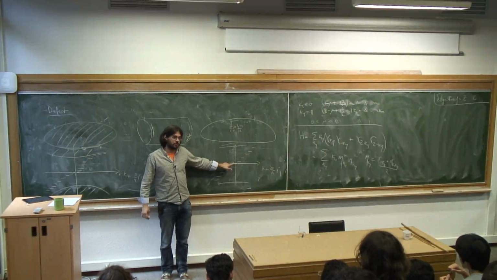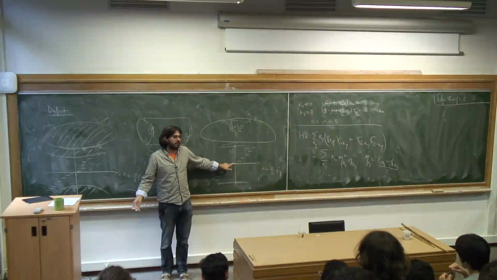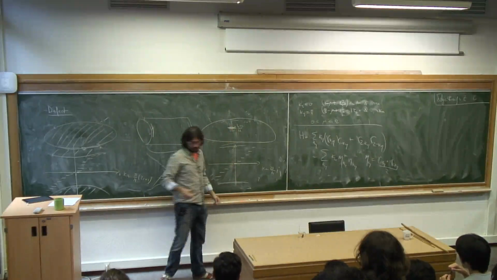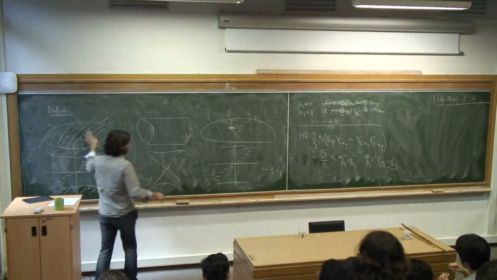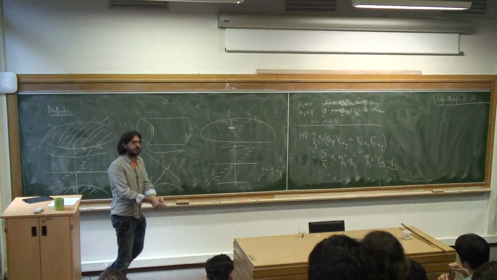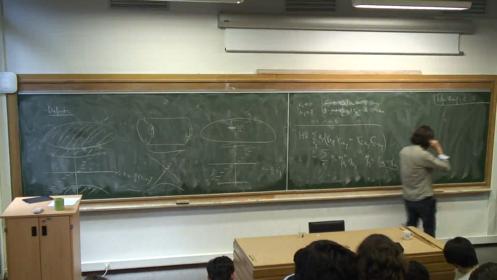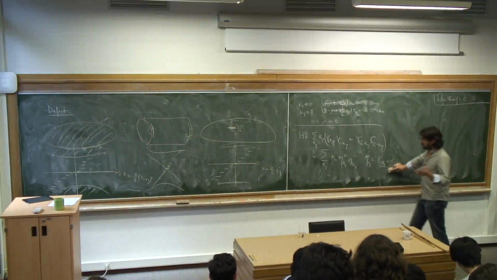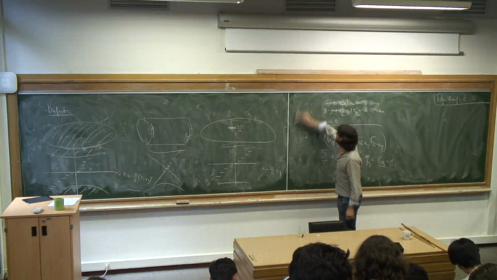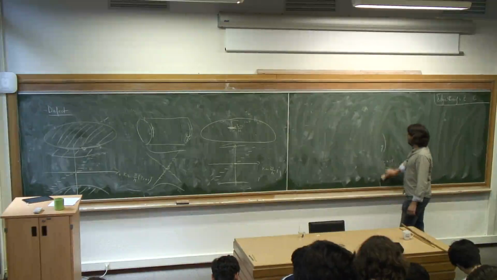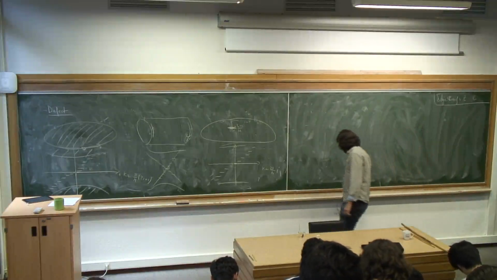So this can't be true unless there's another state somewhere else. And that state is the state localized on the vortex. Because the only difference between this and this is the fact that I've added a vortex.